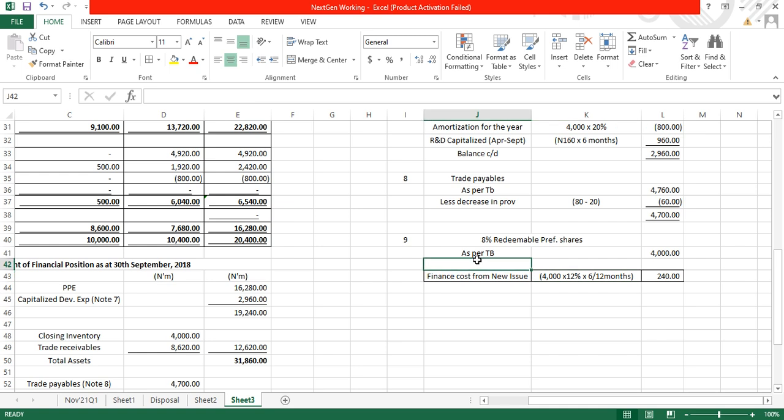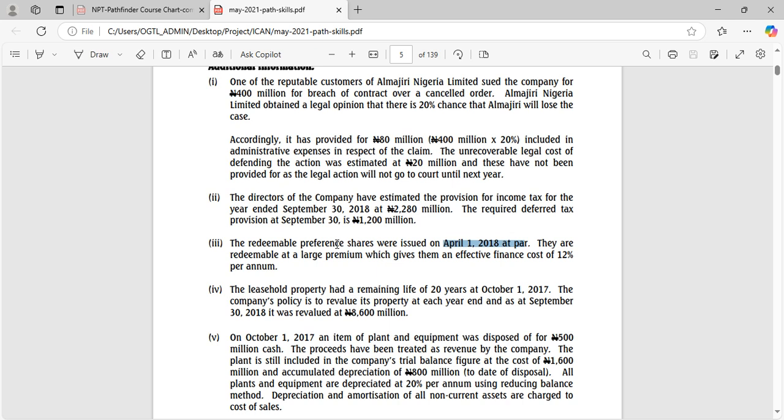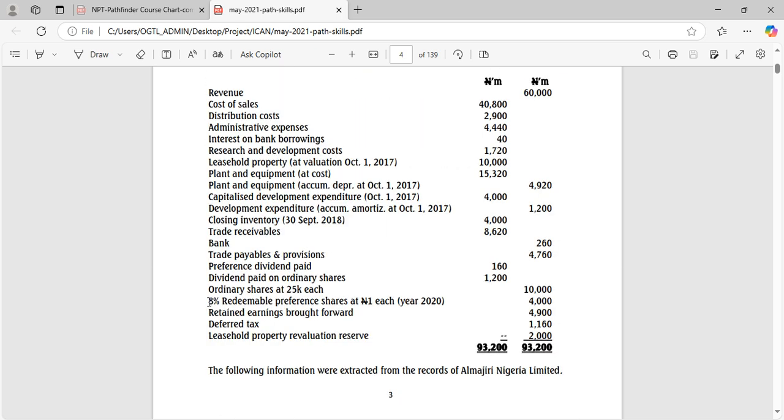But of course, the one of 8% at the beginning of the year, interest for the year on this 4,000 that we have, is 8%. We still need to do this 8% because this one has existed since 2020, and we have been doing it at 8% every year.